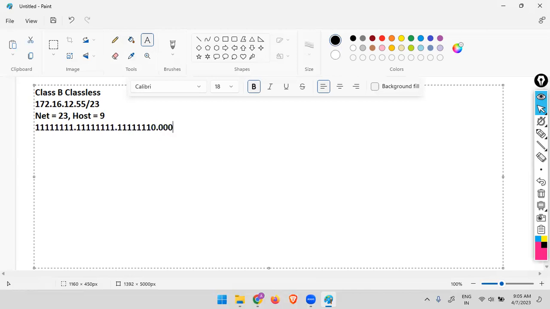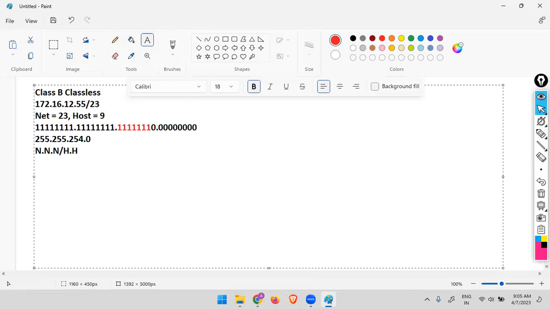Correct. This will be the subnet mask. This time, how many bits will be borrowed? These many bits. 255, 255, then 254.0. Network, and host, purely host.